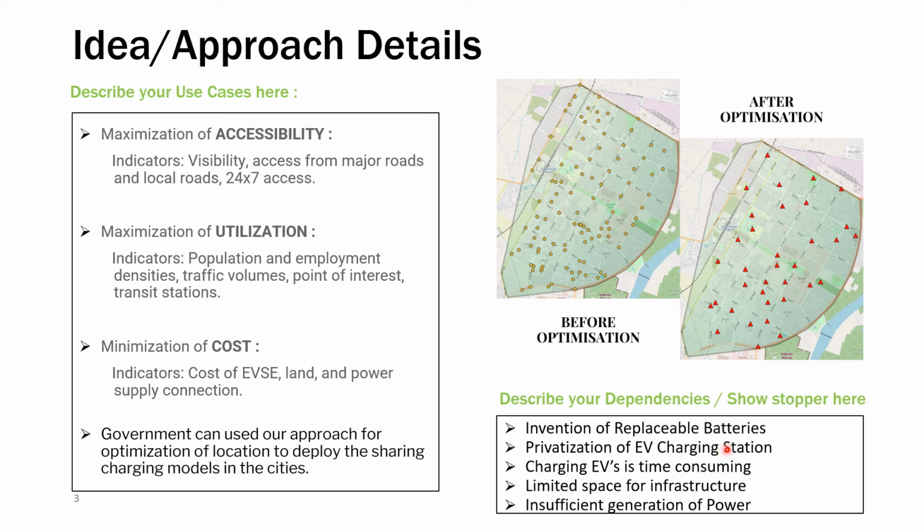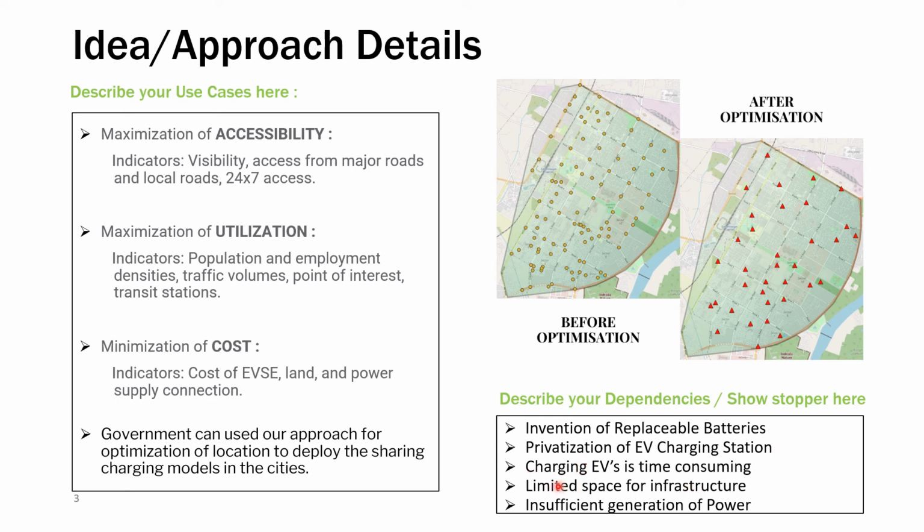No one will come to the public stations because they will have a long queue for charging, so they will go for a private one. But there could be a solution: on our website we will not show the location of those private charging stations. We will only show our public charging station locations. So that can also be used.